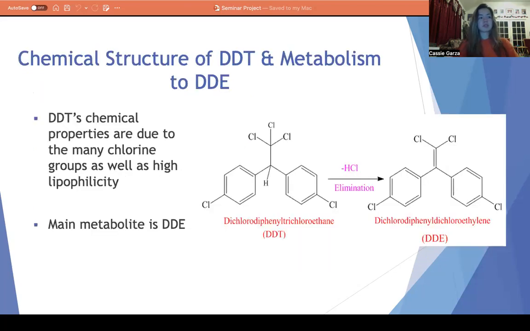So, the chemical structure of DDT and the metabolism to DDE. DDT is what's known as a polychlorinated biphenyl structure. Polychlorinated just describes that you have multiple chlorine groups, like all of these on the outside. And biphenyl: phenyl groups are these rings here, so biphenyl means it has two of those.